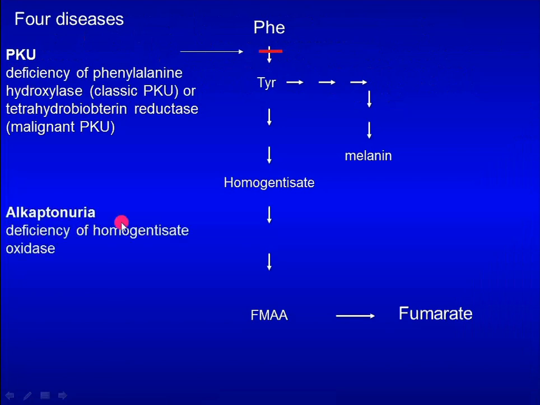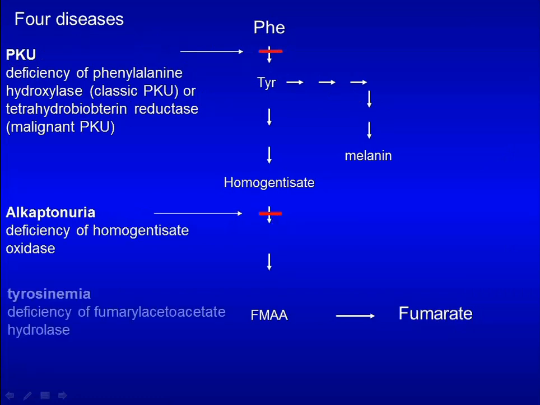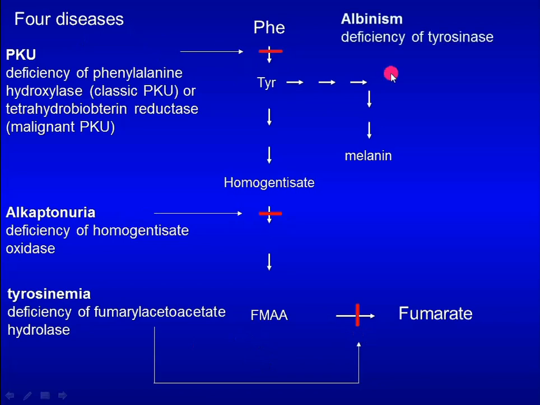Alkaptonuria is caused by a deficiency of homogentisate oxidase. Tyrosinemia is caused by a deficiency of fumarylacetoacetate hydrolase. Albinism is caused by a deficiency of tyrosinase.